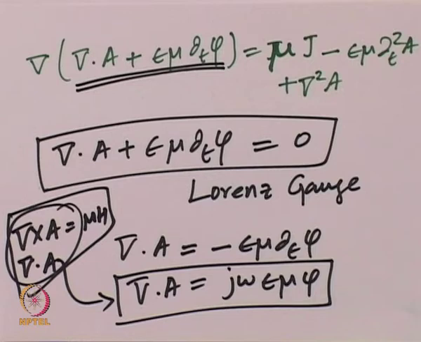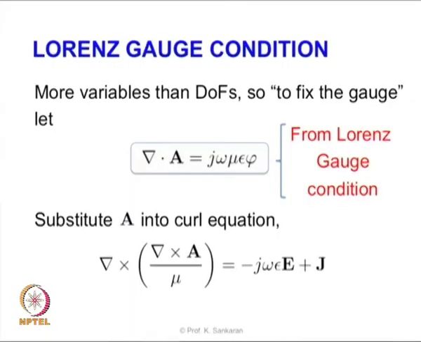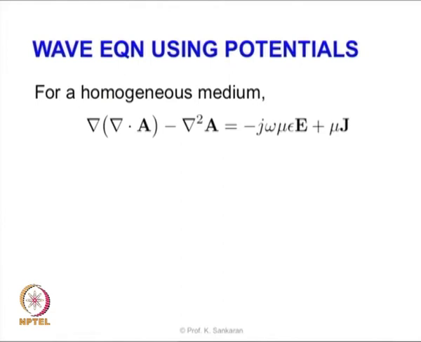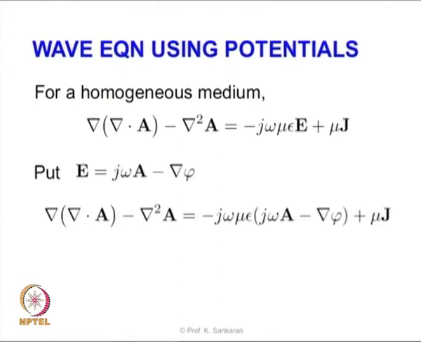With the Lorentz gauge, we are going to substitute the value of A into the curl equation. So what we have got is the curl of A divided by mu is equal to minus j omega epsilon E plus j, and for a homogeneous equation, putting E equal to minus j omega A minus the gradient of phi, you will get the value accordingly.